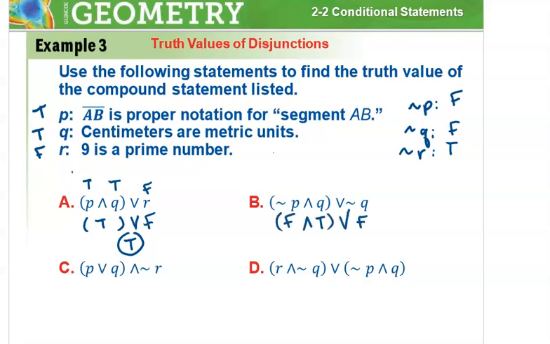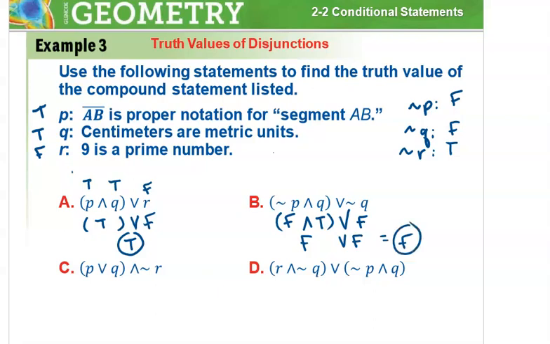For the next one, I just substituted the truth value in for each of those P, Q, and R symbols. It's not P. Not P is false. And if I have a false and a true, they both have to be true in order for this to be true. So this is false. Then I'm comparing that with F or F. So that would be false.